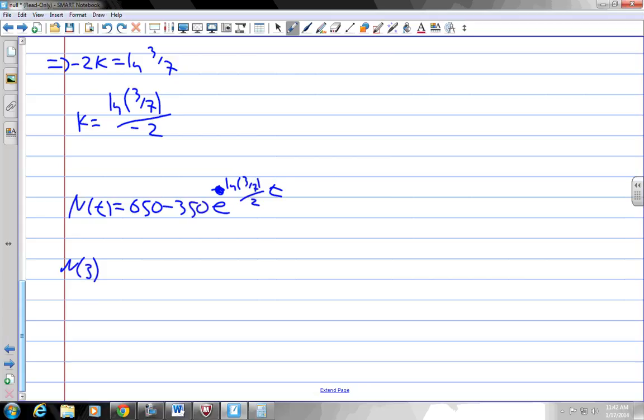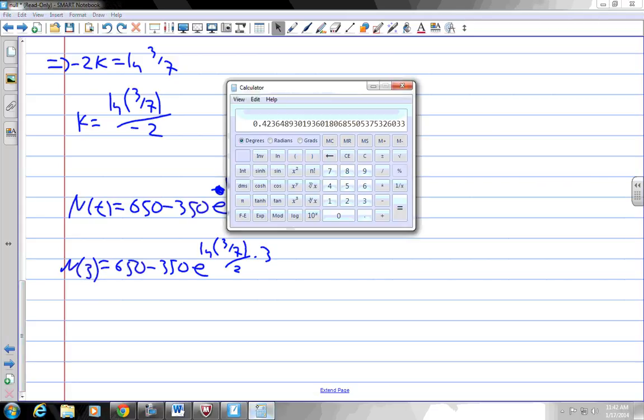It's an algebra question from here on, and it's been an algebra question for a while. So this times 3 negative.